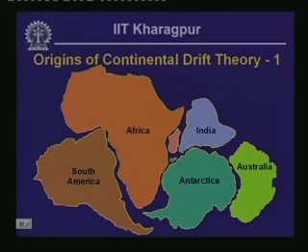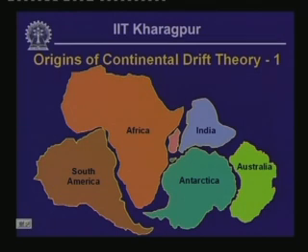Similarly, a portion of the coast of Antarctica could fit with the southern portion of the present landmass of Australia, and that is illustrated on this particular slide.